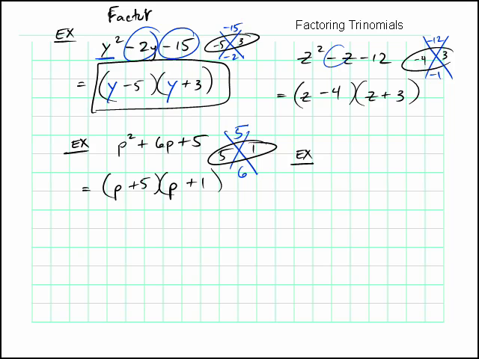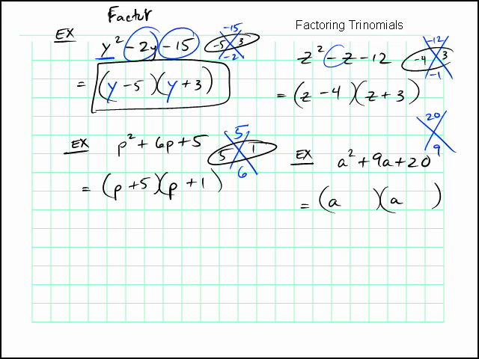Here's another one. a squared plus 9a plus 20. It has to be a times a in the front. What two numbers multiply to 20 but add up to 9?